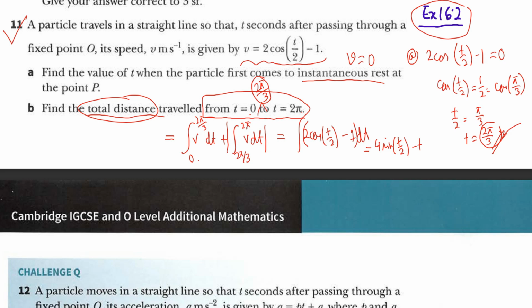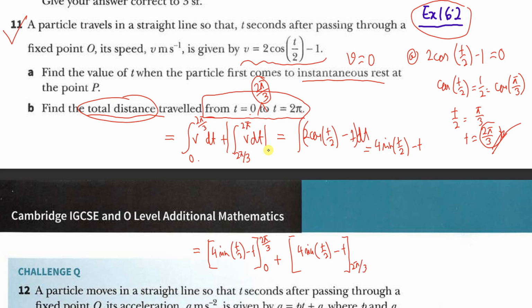That is the expression we got. We have to put the limit at that stage. I'm writing here 4 sin t/2 minus t, with one limit 2pi/3 to 0, and another limit with the same expression, 4 sin t/2 minus t, using 2pi/3 to 2pi.